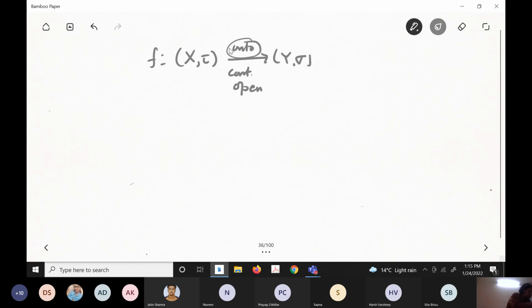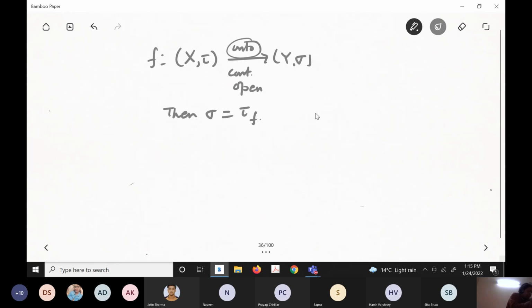You will see why you need it. But this is not some restriction; usually in the exam you get good nice examples like that. Suppose you have onto, continuous, open. Then sigma equals tau F. That means sigma is the quotient topology on Y given by tau and F.